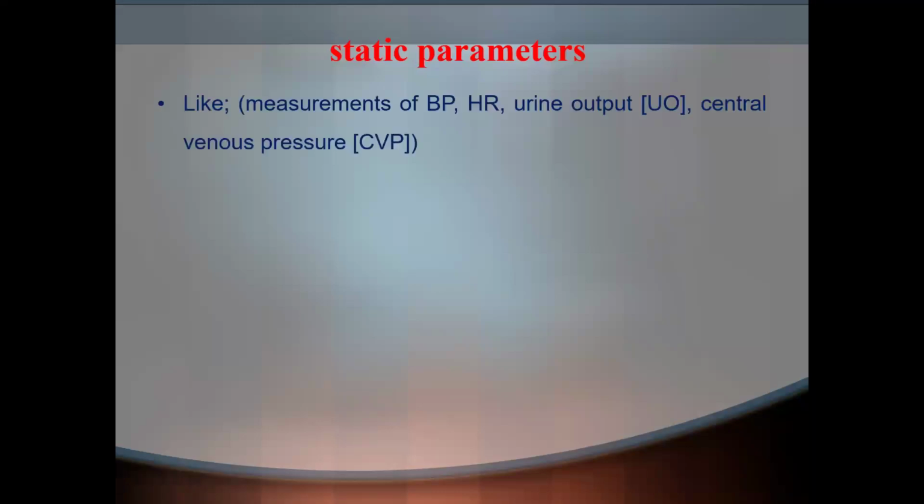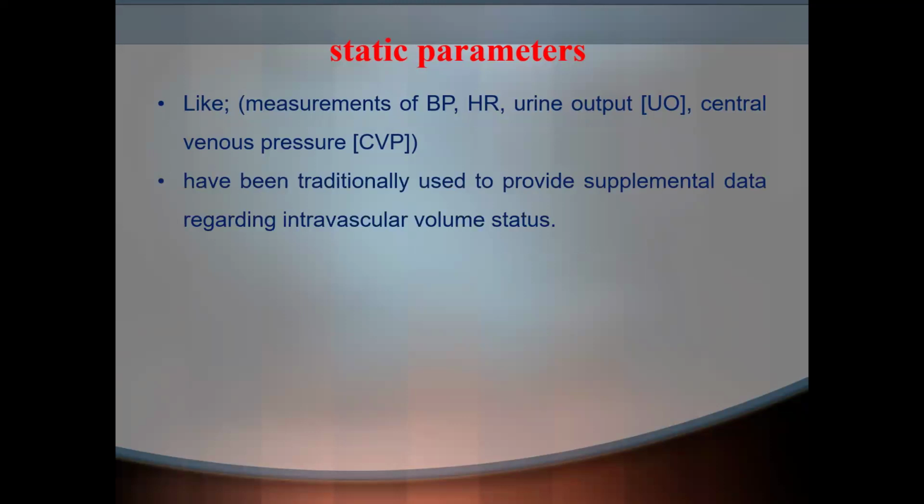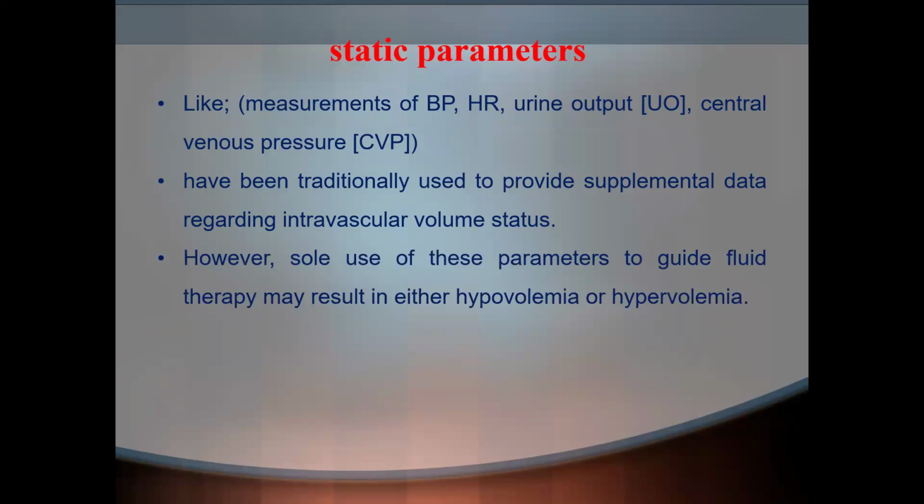As we said, static parameters like blood pressure, heart rate, urine output, and CVP have traditionally been used to provide information regarding the intravascular volume status. However, if you use a single parameter to guide fluid therapy or assess responsiveness, it may result in hypovolemia or hypervolemia.